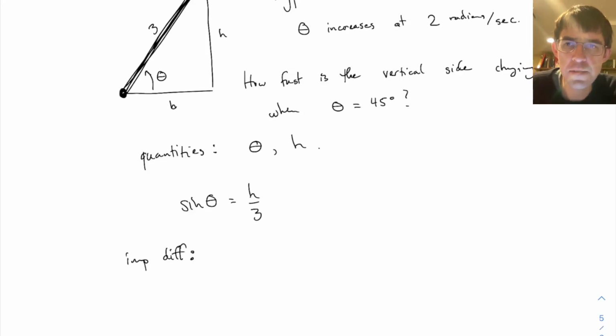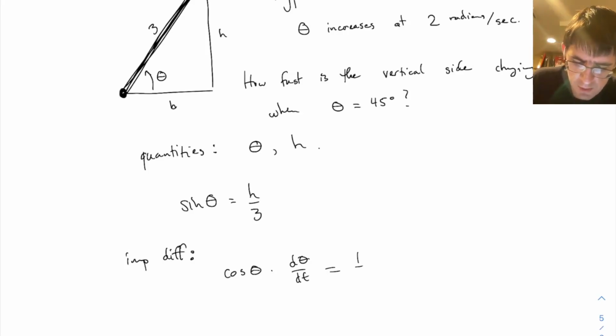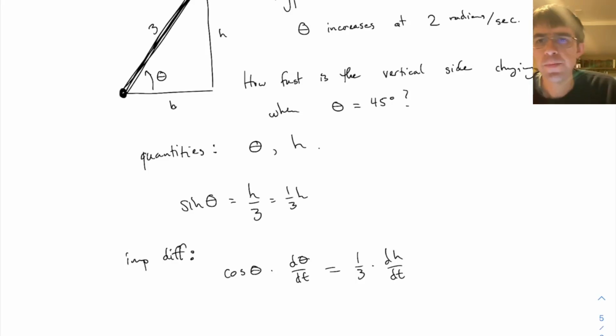The derivative on the left side of sine is cosine, so I go cos theta times d theta dt equals, and on the right side, h over 3, I think of this as 1/3 h, and then the derivative is 1/3 dh dt. All right. We are on our way now.